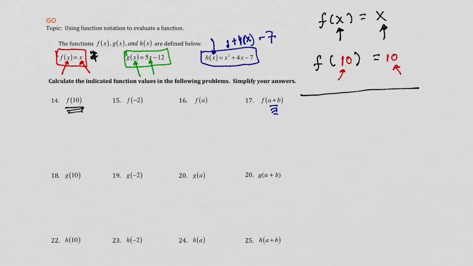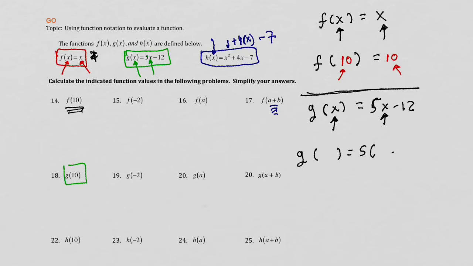So here, let's try a different function. So let's try g of 10 this time. So g of 10, the recipe for g is 5x minus 12. So everywhere we see an x, we're going to replace it by a 10. So now we have g of, and let me put these placeholders for now.